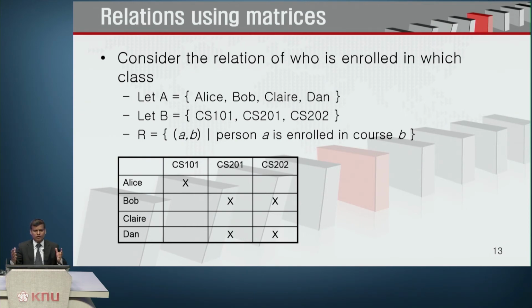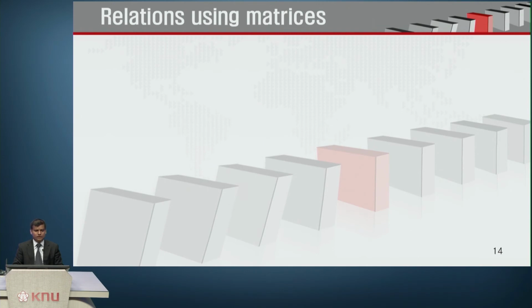So with this table, you can in fact create a matrix based on the given relations, just like this: 1 for the place where a person is taking a course, and 0 for the place where a person is not taking a course. So let's talk about the advantage of using such representations.